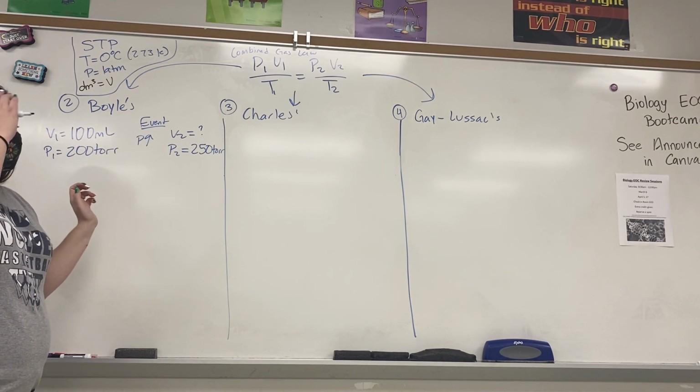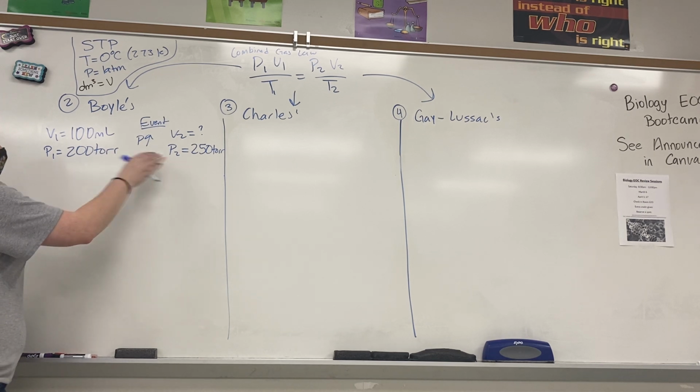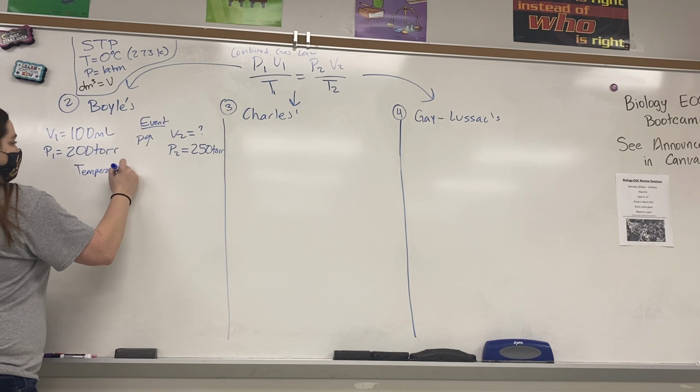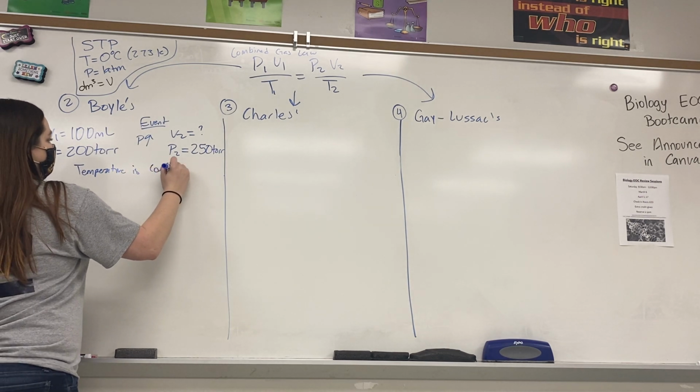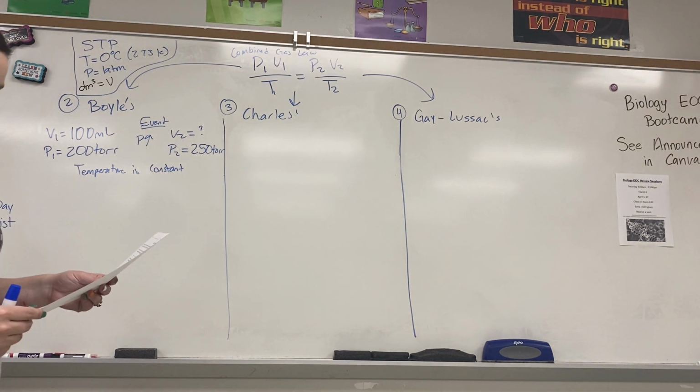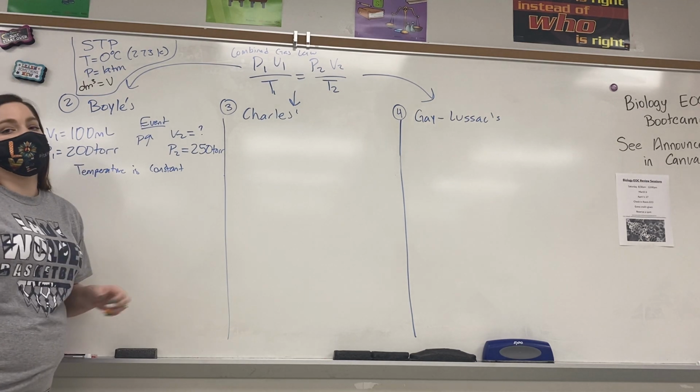So what formula am I going to use? If I don't have temperature, or if it says that temperature is constant, which if we look back on our problem, it tells us to assume that temperature is held constant. So it's telling us that our temperature is constant, and it's not giving us any numbers for temperature.